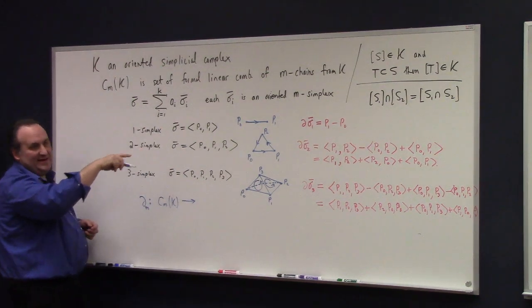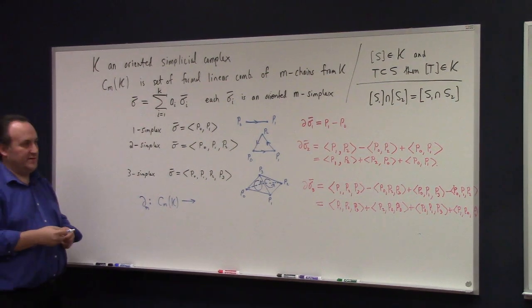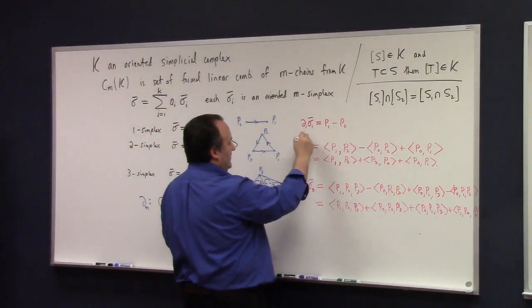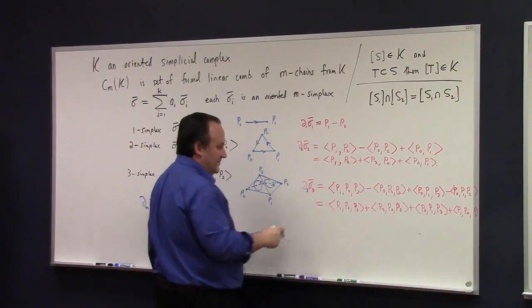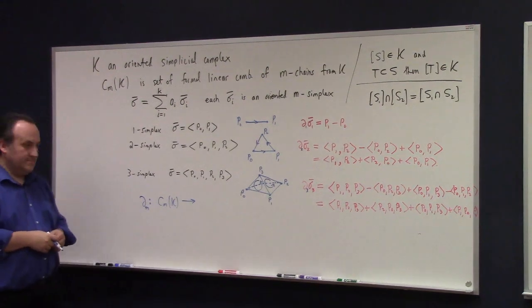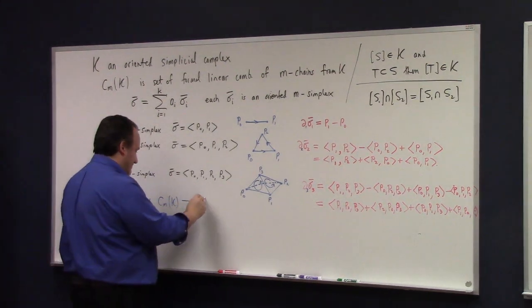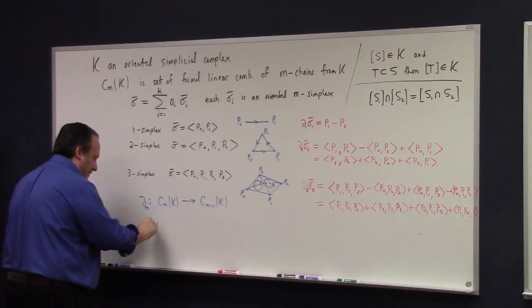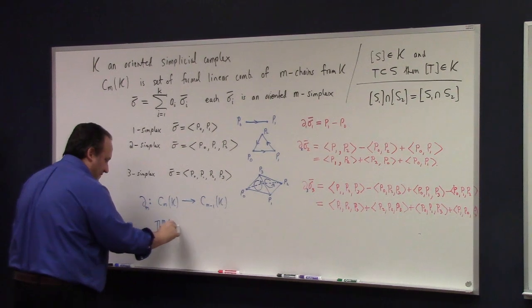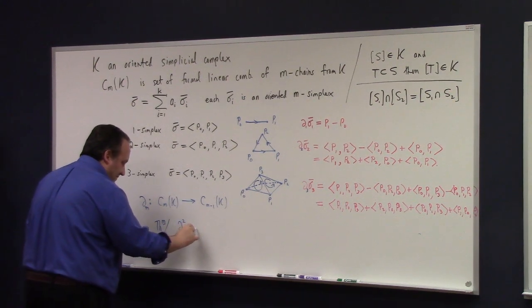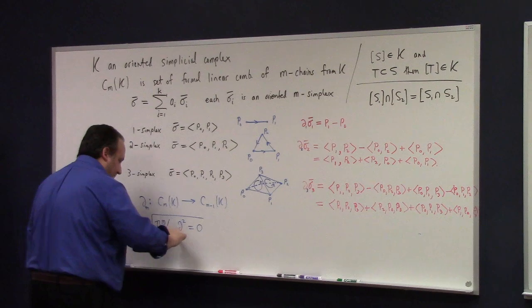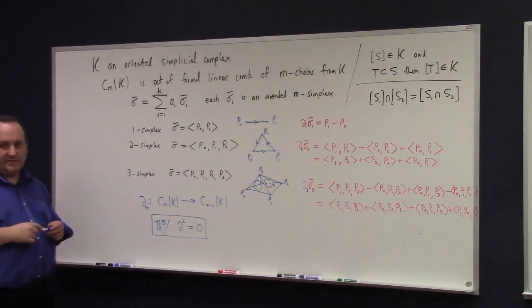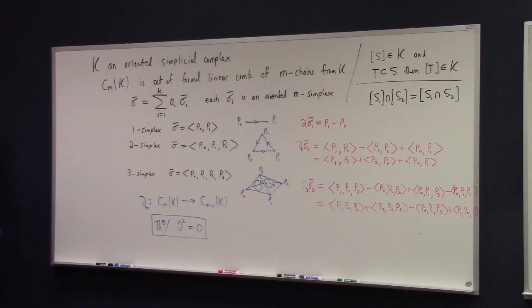It's not technically the same map every time, right? This is really the 1 boundary, this is the 2 boundary map, this is the 3 boundary map, truth be told. So it's going into C(M minus 1). That's right. And the big theorem we ended last class with was that the boundary squared is 0. The boundary of the boundary is no more. So that's where we are.